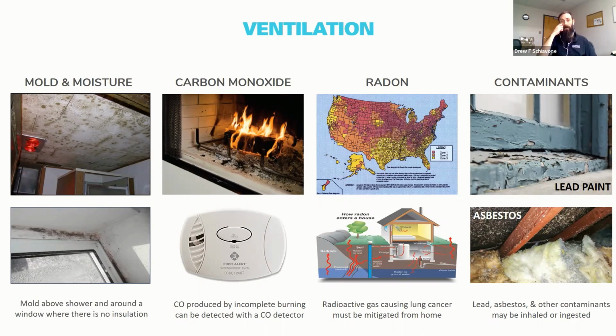And so anytime that you have a closed, air sealed environment, you want to make sure you haven't done it too much. There is a balance between sealing a home too tightly. You do want to have ventilation in there. Again, it's harder to achieve with an older home just because there's typically so much more air leakage, but especially be on the lookout for newer homes that are more airtight already.